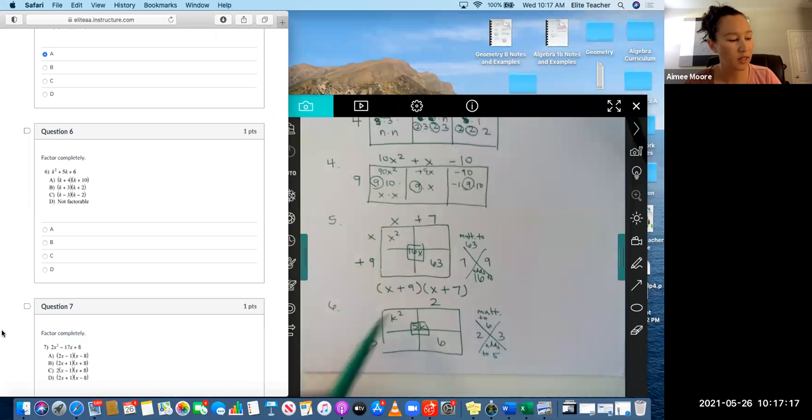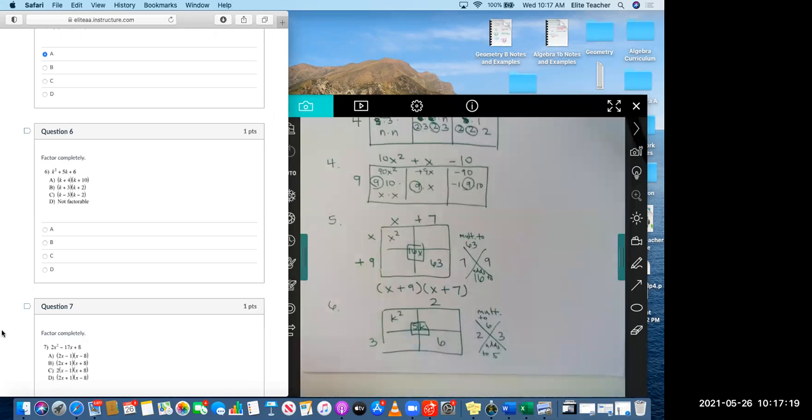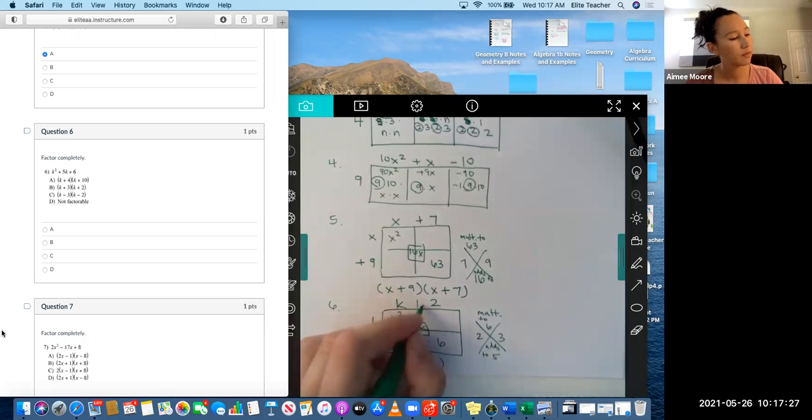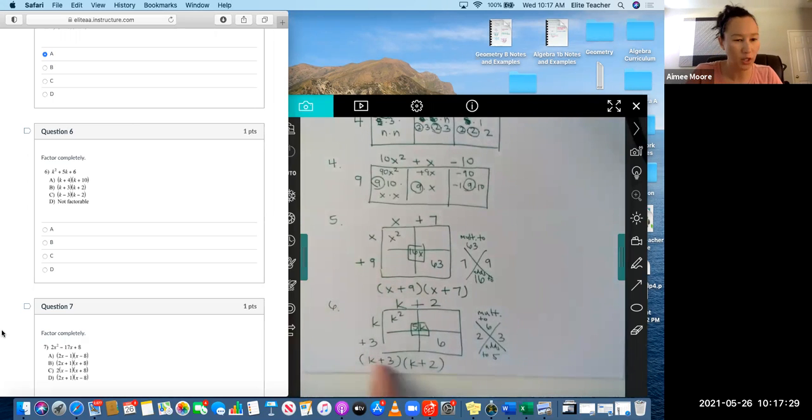So now it's k squared. So what's it going to be? K and k. There's our factors, k plus 3 and k plus 2. And remember, the order with multiplication doesn't matter. But it's in this order, k plus 3 and k plus 2. So that would be B.